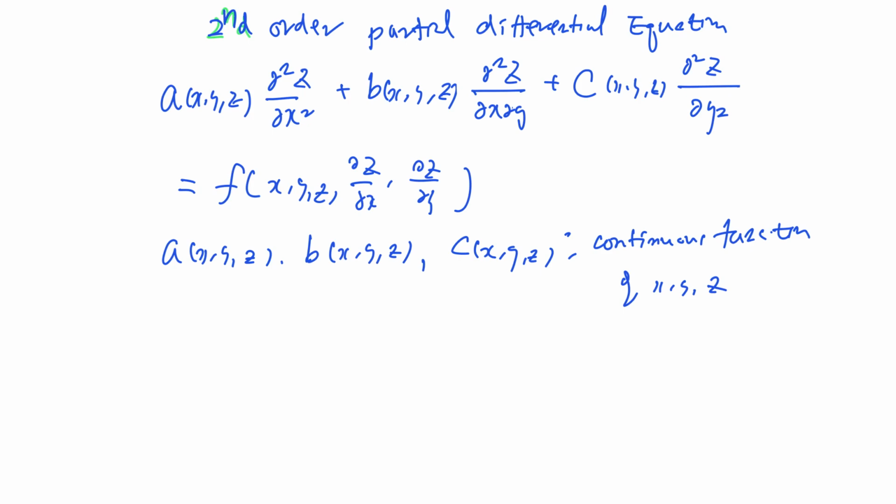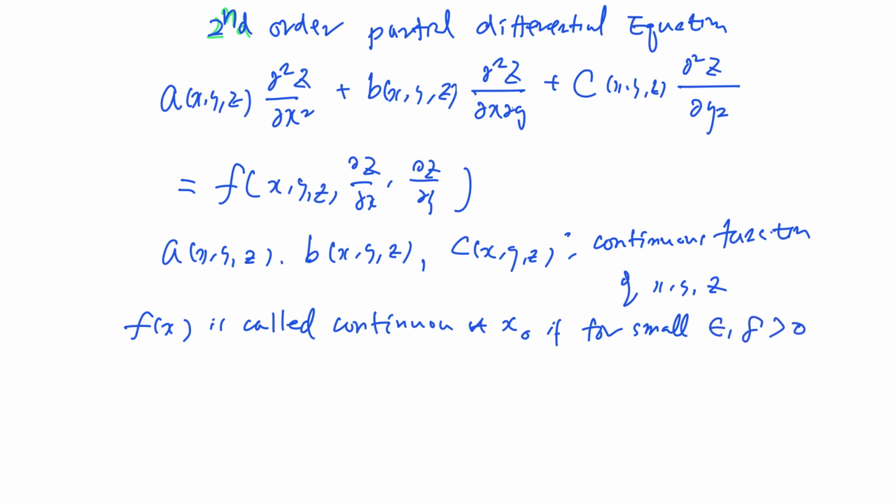So for example, f(x) is called continuous at x0 if for any epsilon greater than 0 there exists delta greater than 0 such that |f(x) minus f(x0)| is less than epsilon for |x minus x0| less than delta.